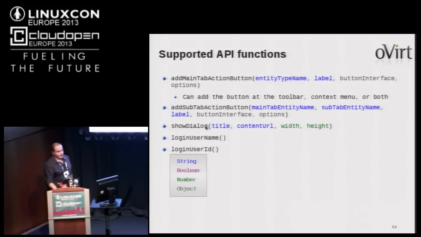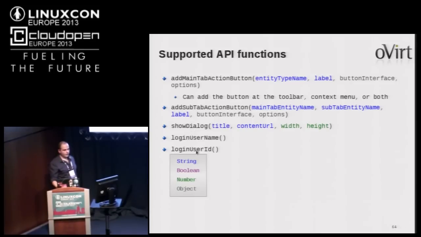We also have a show dialog option. For example, you can have an action button that you press and it opens a new dialog pointing to some URL. And these are the main functions that the UI plugin API gives you.